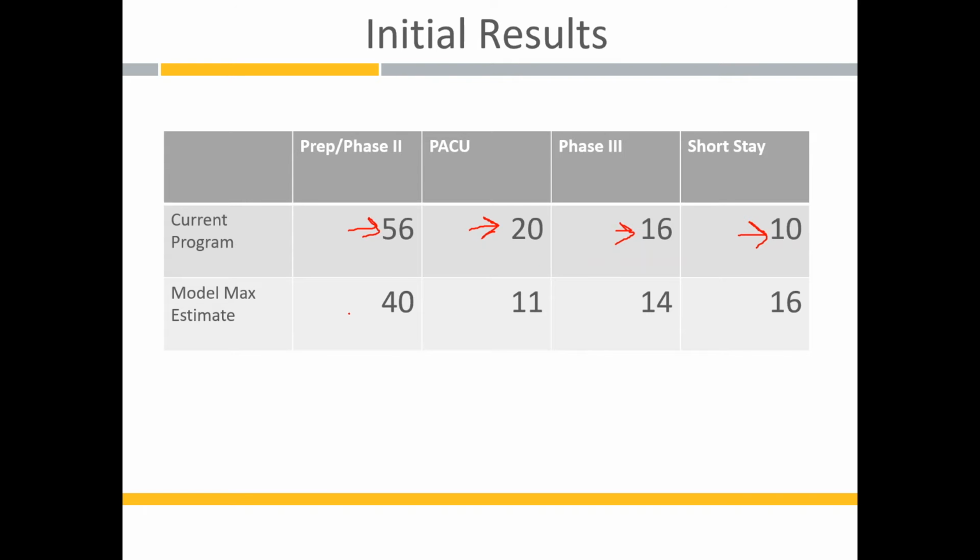So what you see across the bottom then was our first initial results, where we said we needed 40 phase 2 areas, 11 PACU, 14 phase 3, and 16 short stay. A couple of surprises out of this. One was the PACU number made the PACU nurse extremely nervous. I think that might be an understatement, and it was a surprise to all of us, so we went back and looked at that.